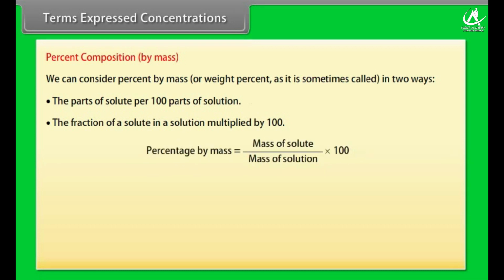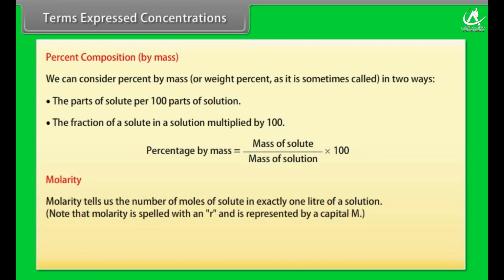Percentage by mass is equal to mass of solute upon mass of solution into 100. Molarity. Molarity tells us the number of moles of solute in exactly 1 liter of solution. Note that molarity is spelled with an R and is represented by a capital M. Molarity is equal to moles of solute upon volume of solution in liter.